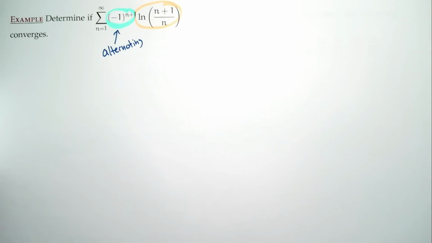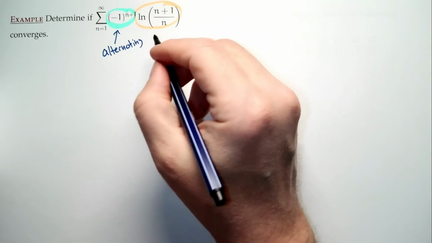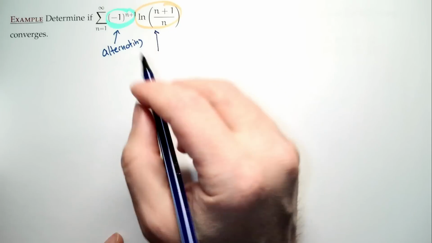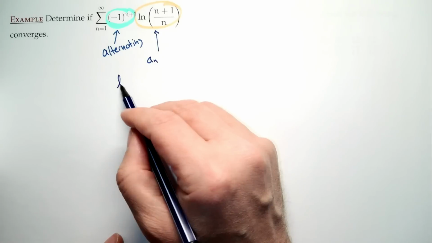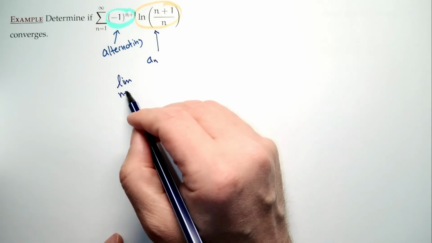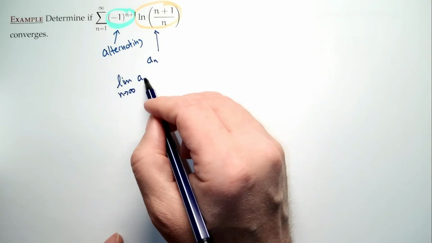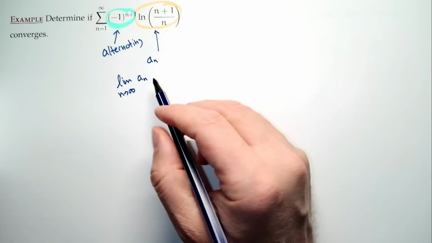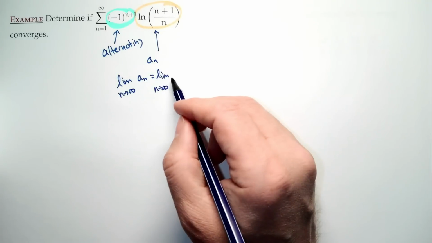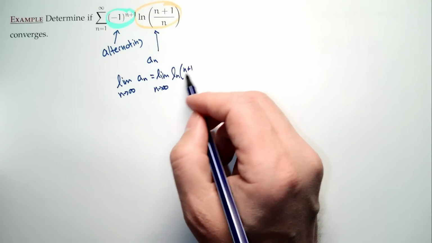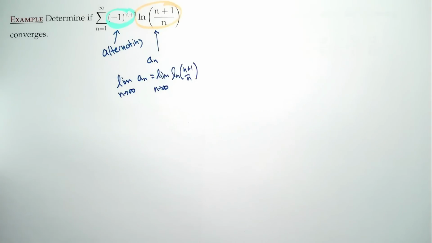Now the question is, what's happening to these terms? So this is our a sub n. And once we know it's alternating, the question is, what's going to happen as we go to infinity of a sub n? So that's the limit as n goes to infinity, natural log of n plus 1 over n. Can you see what that's going to do?